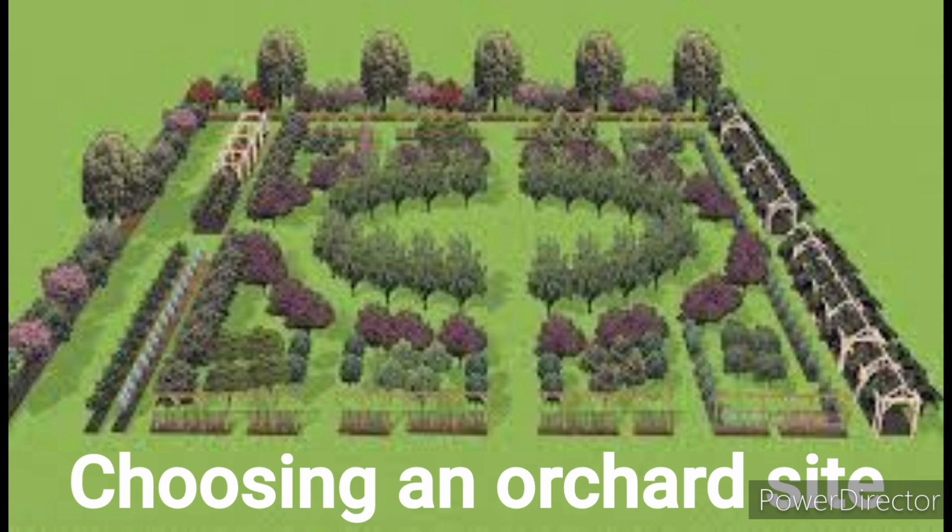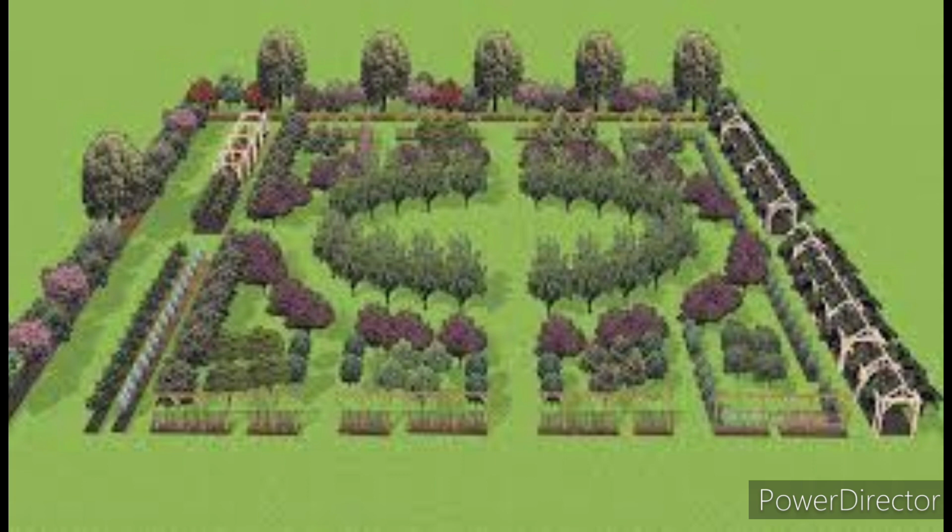Today we are going to be looking at the factors that we consider when we are selecting an orchard site. By the way, fruit growing is under horticulture, a branch of agriculture that is called horticulture. When you are selecting an orchard site, this is the place where you are going to be growing your fruit trees.